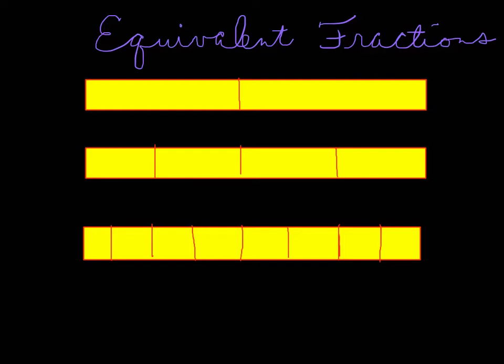I have a few fraction strips here, and you'll notice also that I have them split into different pieces. So for the sake of understanding how much of each fraction strip we have, we're going to pretend like on the left side of the fraction strip is where we're going to start, and on the right side, this is where we're going to end.